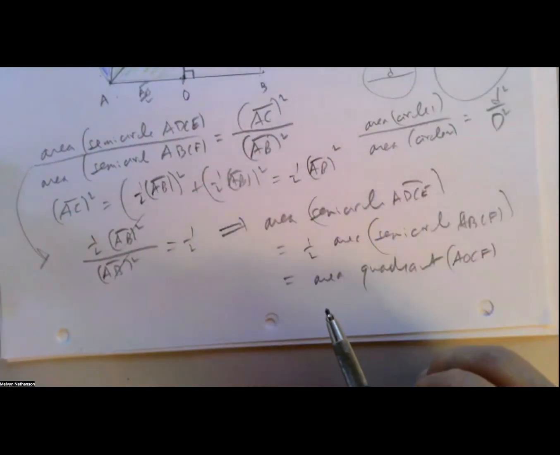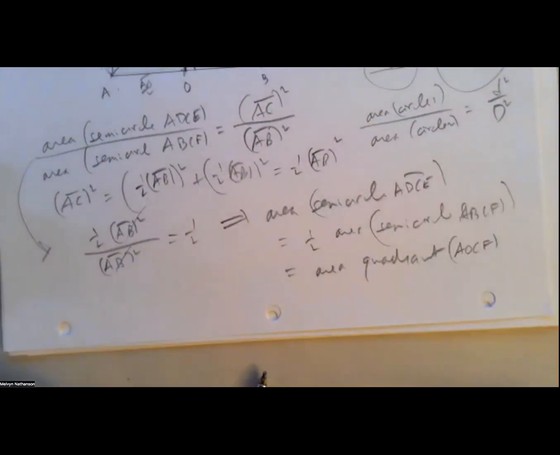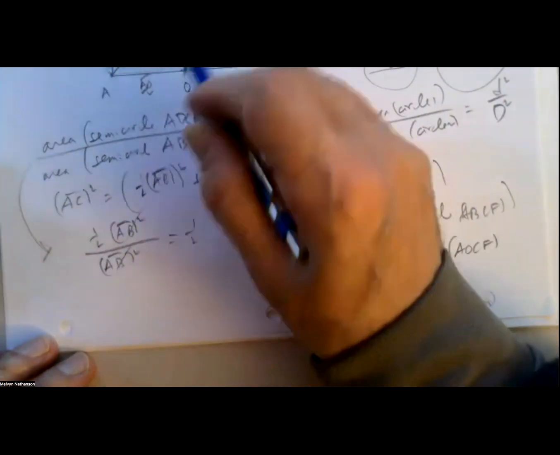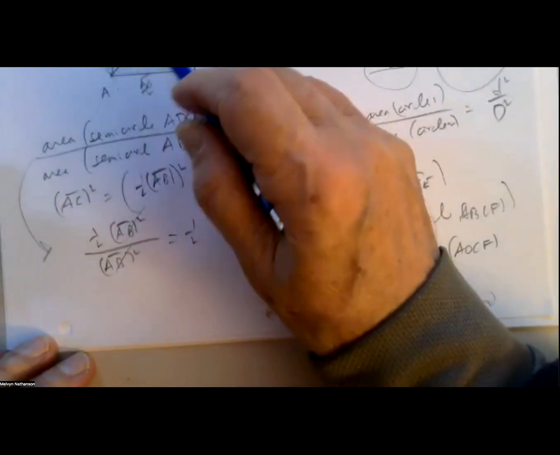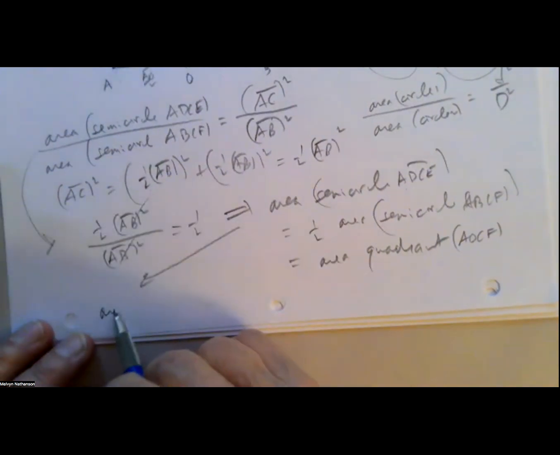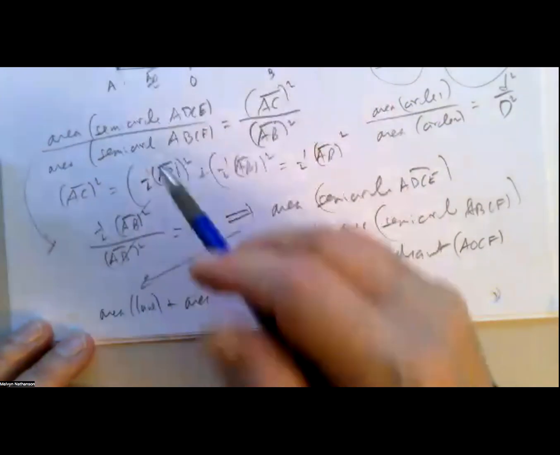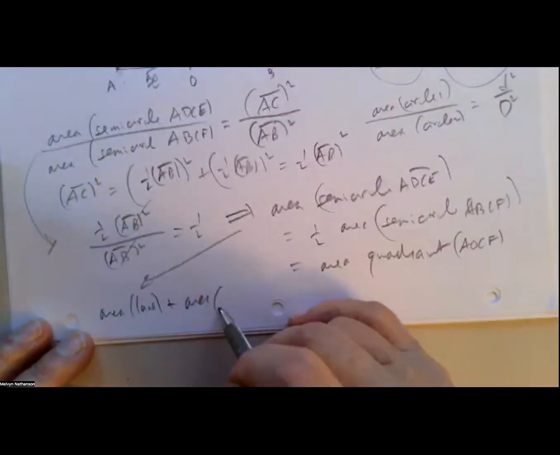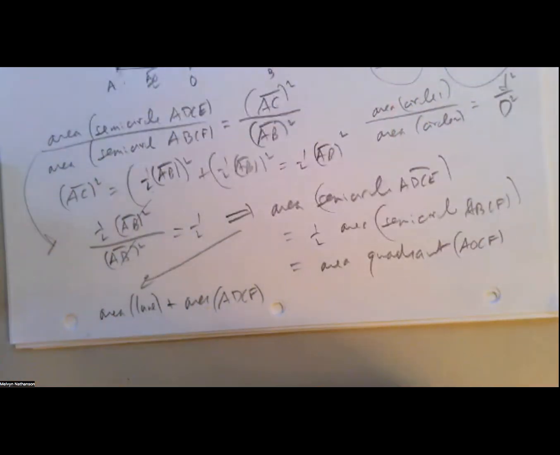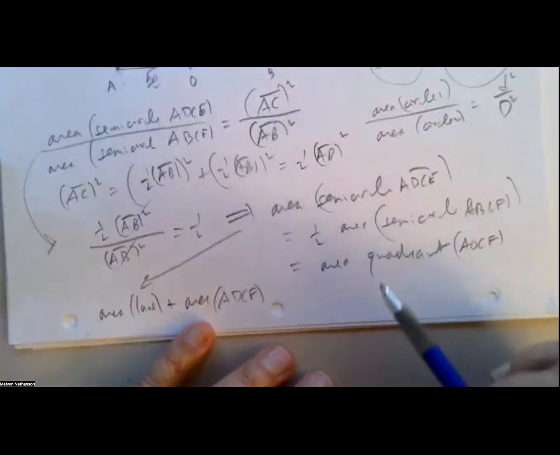Now, this is really very fascinating because what does this say? It says, what's the area of the semicircle ADCE? This is equal to the area of the lune plus the area of this piece, ADCF. So the blue plus this bit of green is the area of that semicircle.